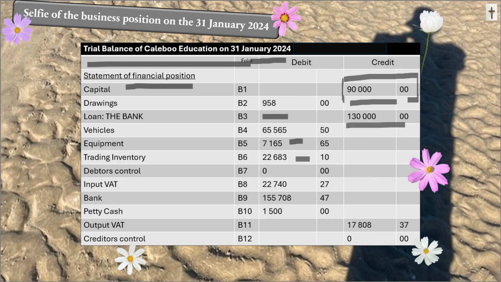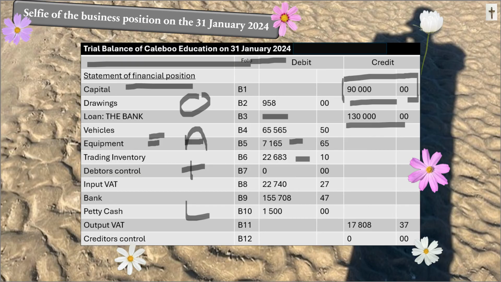two sections: a statement of financial position, and in here you have owner's accounts is equal to assets plus liabilities. That there is the same as a balance sheet, or the modern name, a statement of financial position.